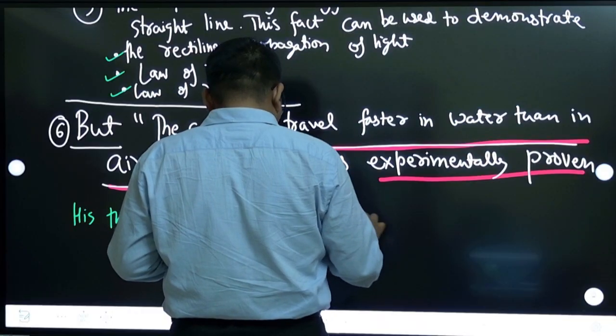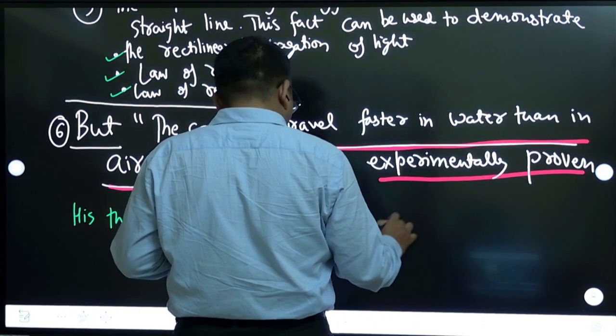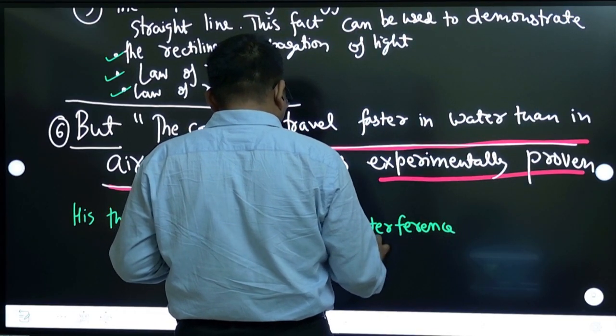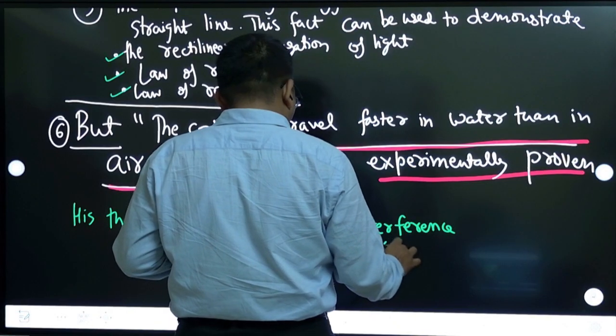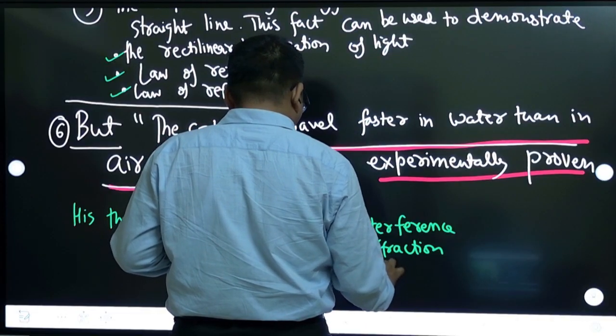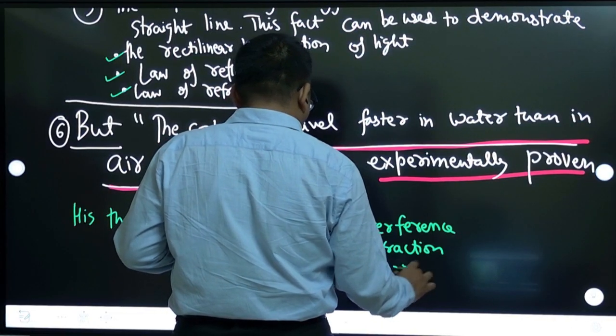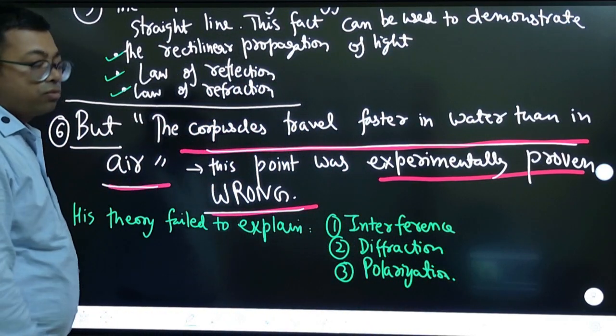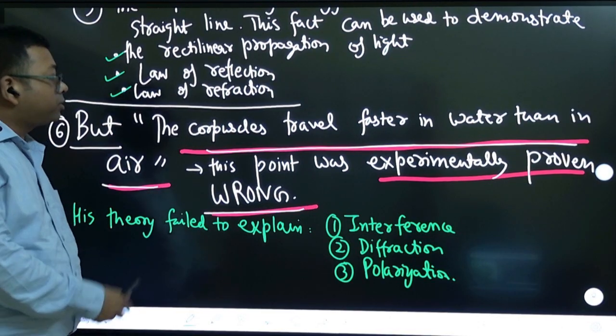First, interference, diffraction, polarization. These three phenomena could not be explained by Newton's corpuscular theory.